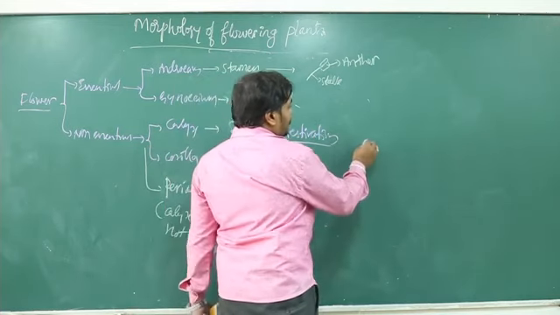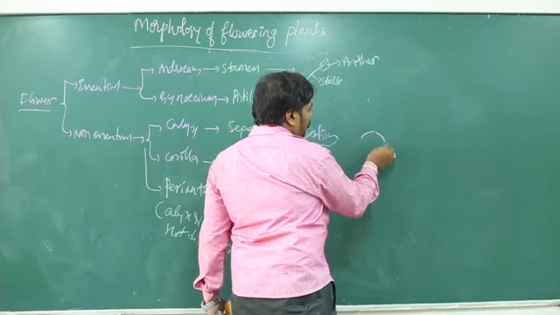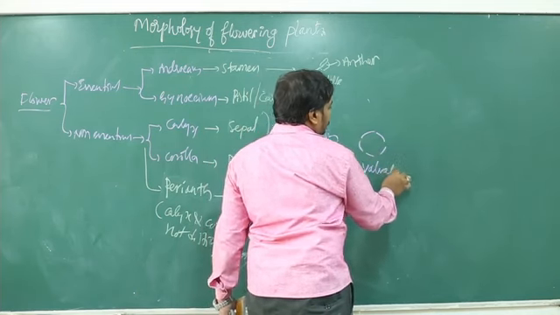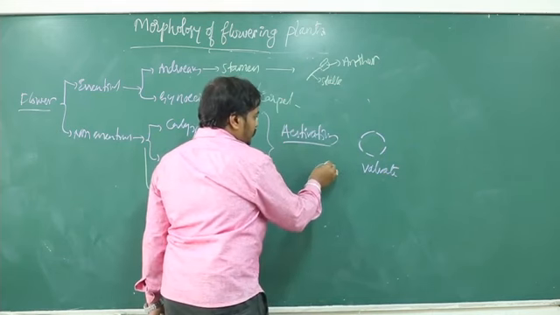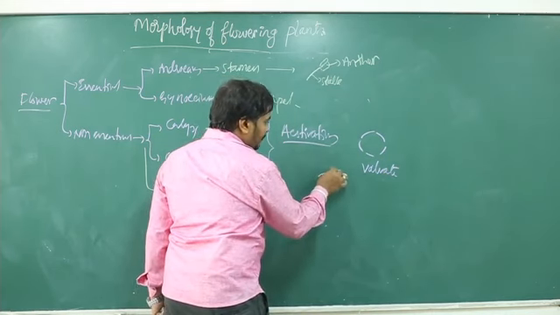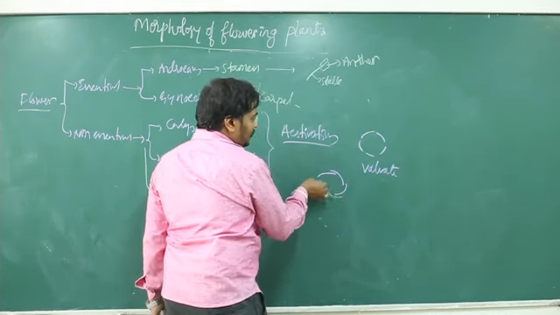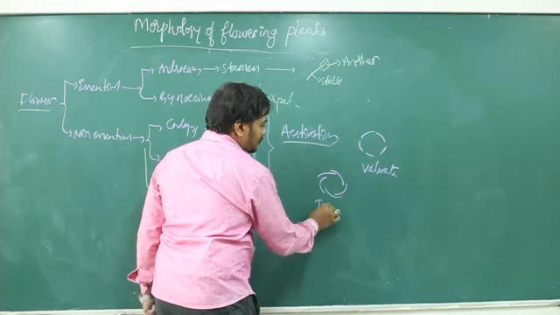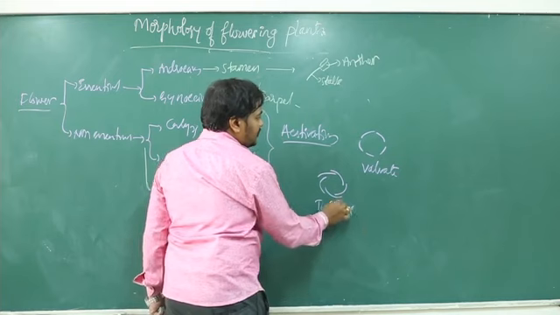In aestivation, if all the sepals and petals are not overlapped, they are free, it is called valvate. If one petal is overlapped by another continuously to form a cyclic ring, it is called twisted aestivation.